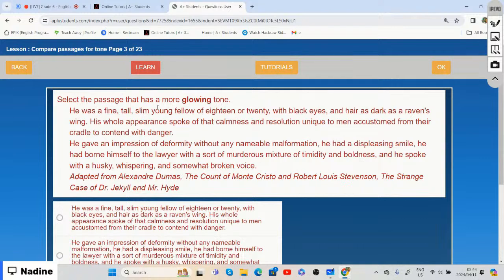He gave an impression of deformity without any nameable malformation. He had a displeasing smile. He had borne himself to the lawyer with a sort of murderous mixture of timidity and boldness, and he spoke with a husky, whispering, and somewhat broken voice.